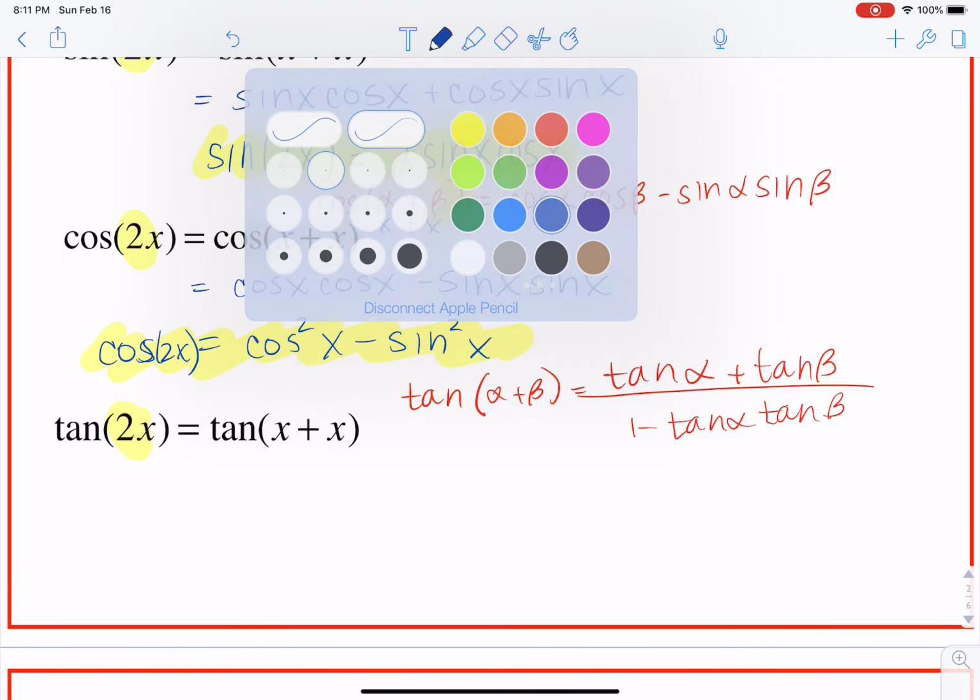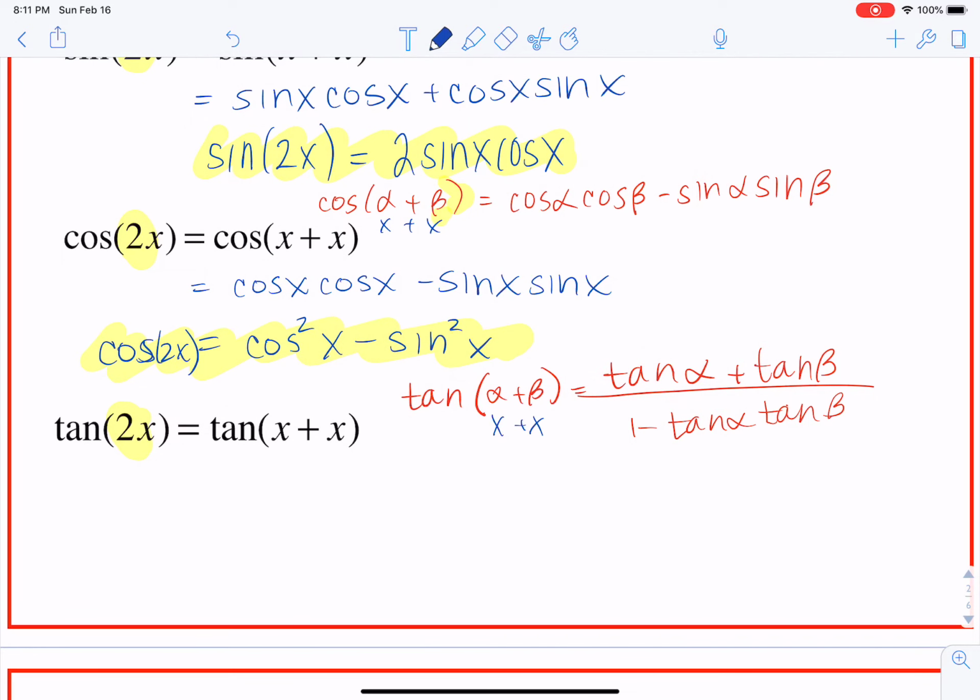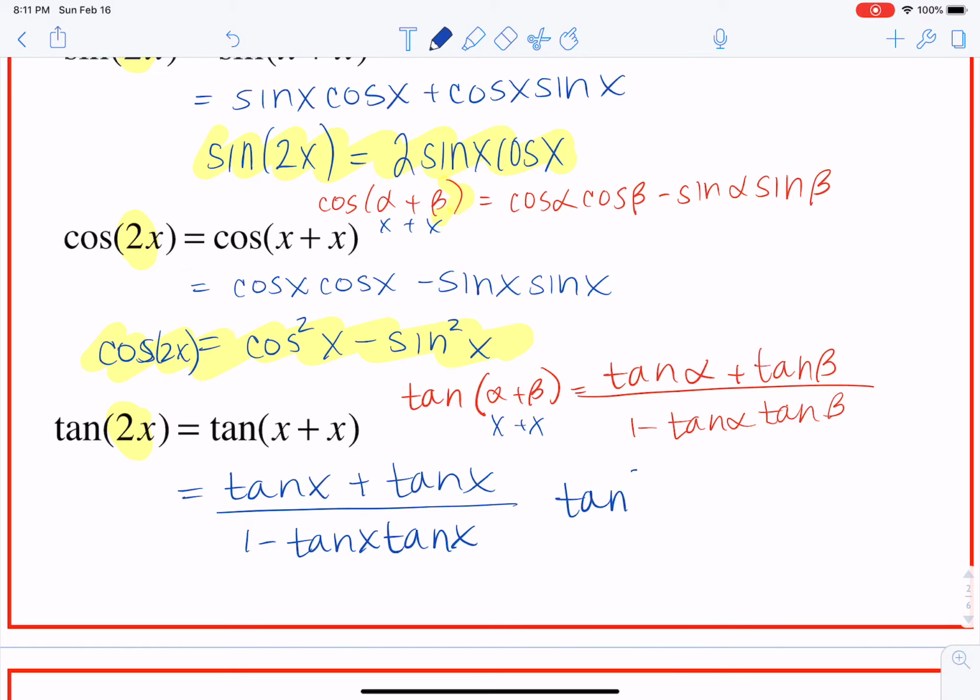So I can fill this in with x plus x, and that will give me tan of x plus tan of x all over 1 minus tan of x times tan of x, which will tell me that tan of 2x is equal to 2 tan of x all over 1 minus tan squared of x. And so here is my tangent double angle formula.